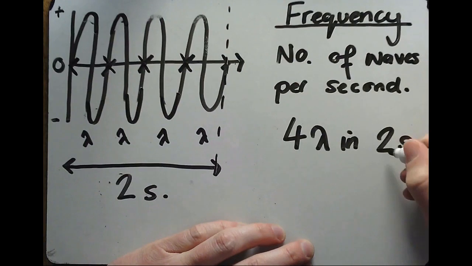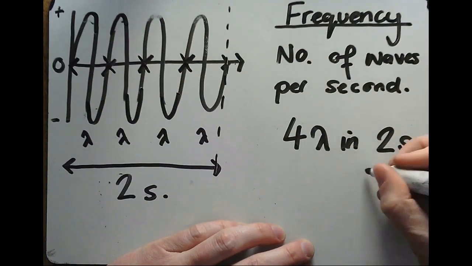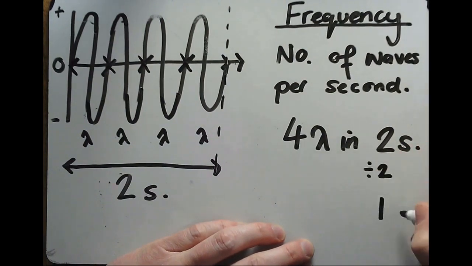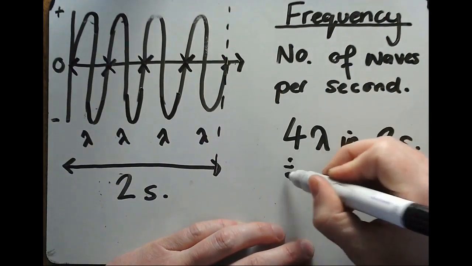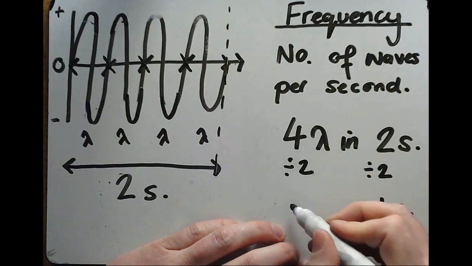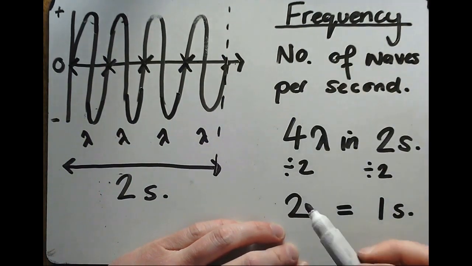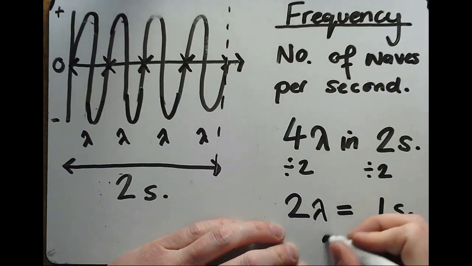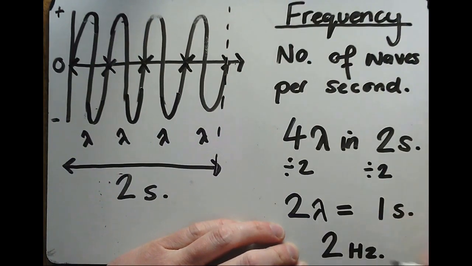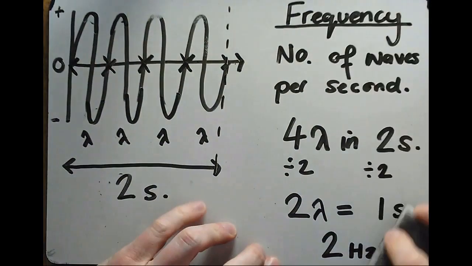To get 2 seconds to 1 second, we divide by 2, and if we divide this side by 2, we divide that side by 2. So 4 divided by 2 is 2. If there are 4 waves in 2 seconds, there are 2 waves in 1 second, so we've got a frequency of 2 hertz. Okay, and one more time.